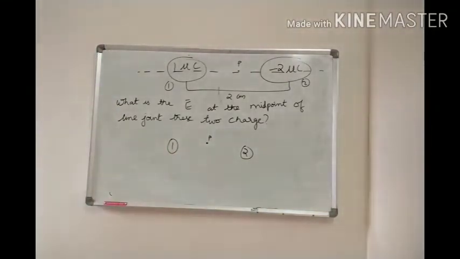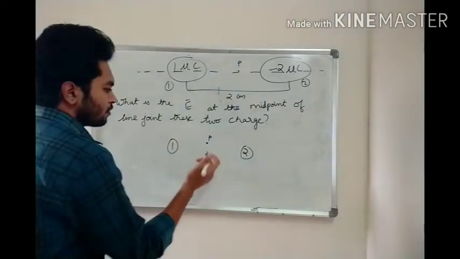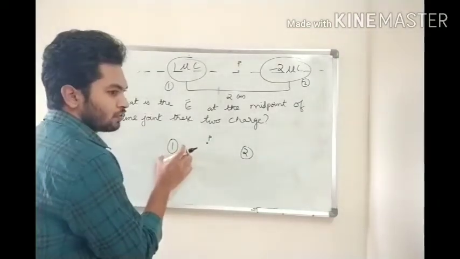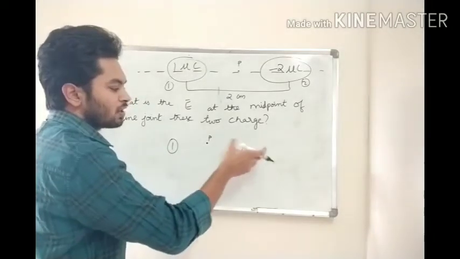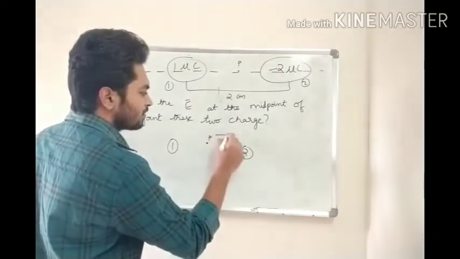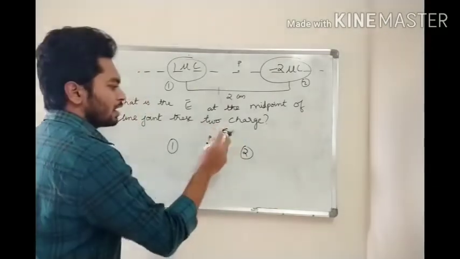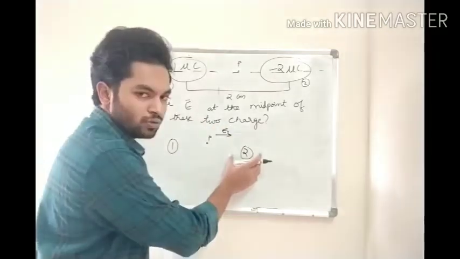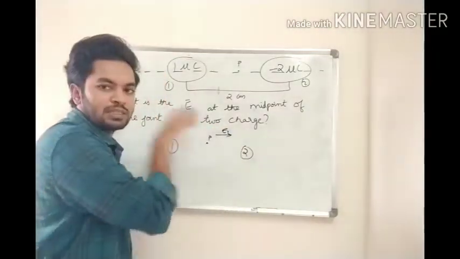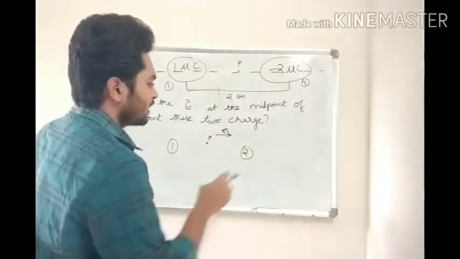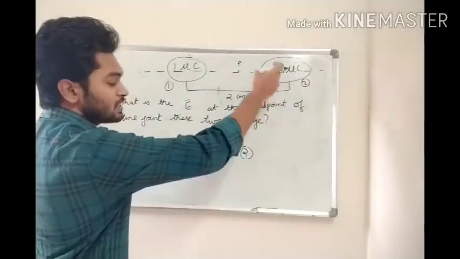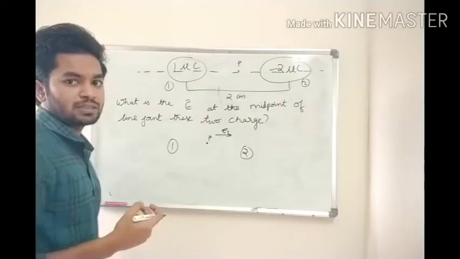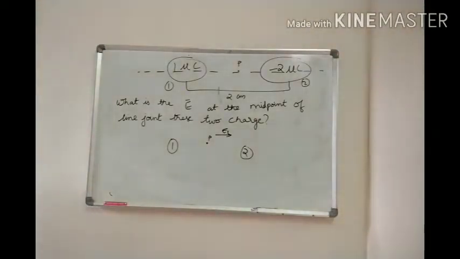Now, the electric field on 2 due to charge 1 is in this direction. Clear? And we have seen this is negative and this is negative. So what will happen here?